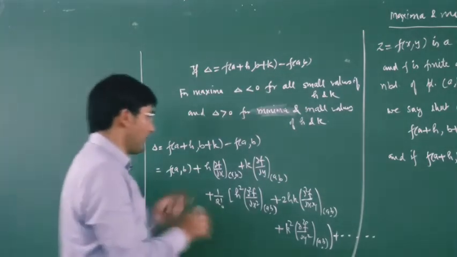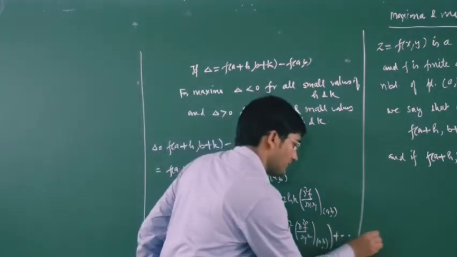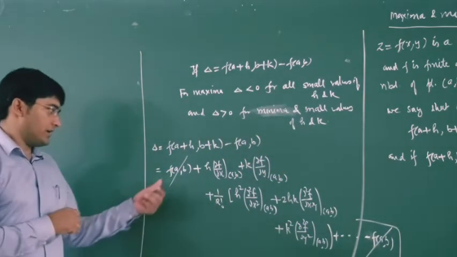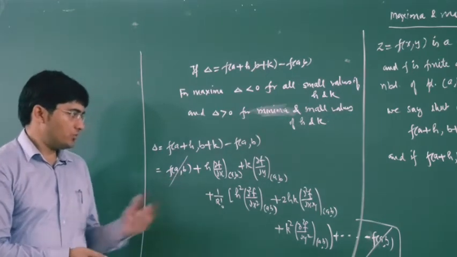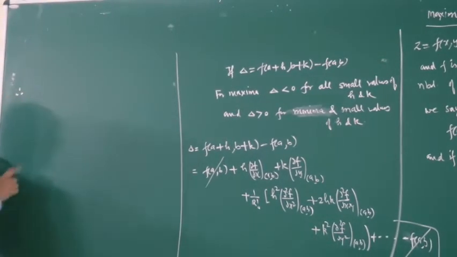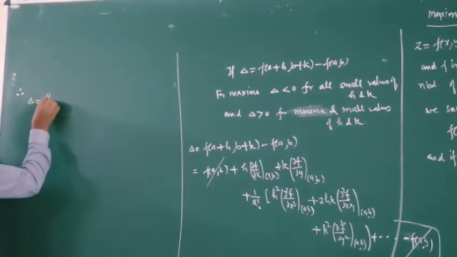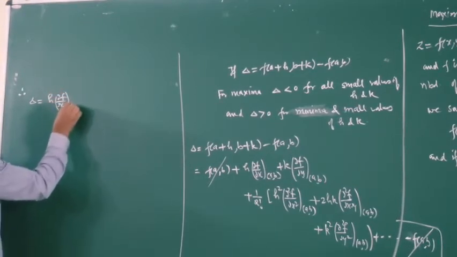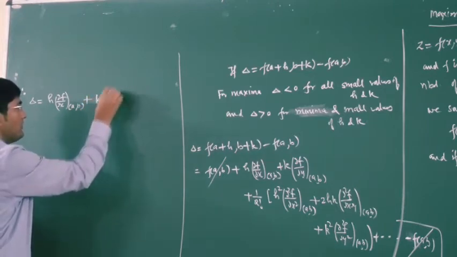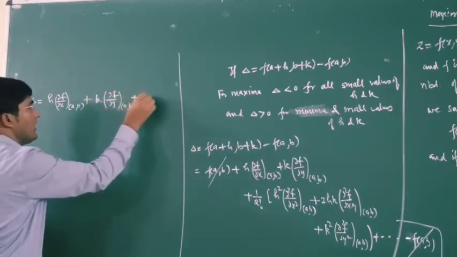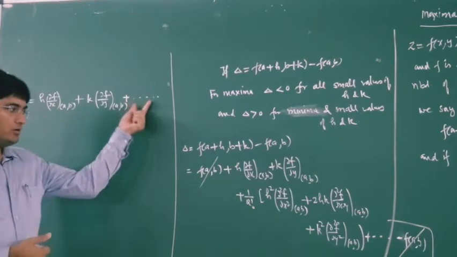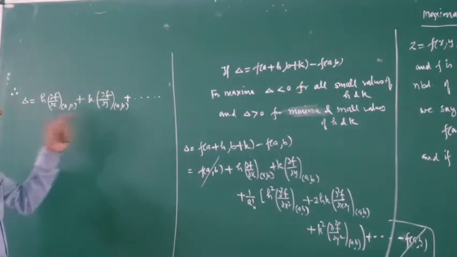So minus f(a, b): this f(a, b) will be cancelled with that f(a, b). Therefore our delta is equal to h into del f upon del x at (a, b) plus k del f upon del y at (a, b) plus higher order terms, then the second order terms and then third order terms and so on.